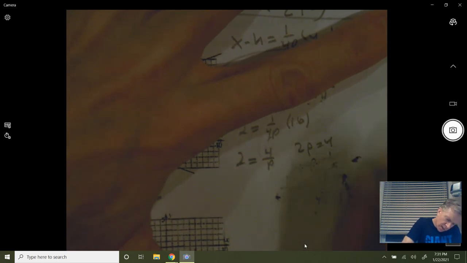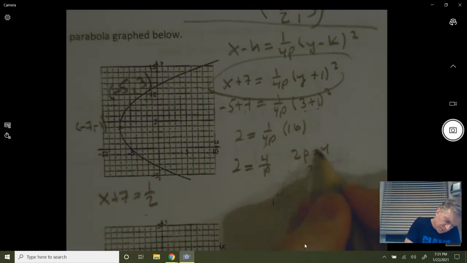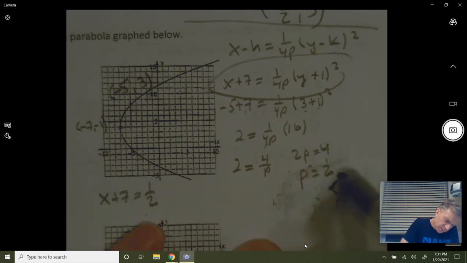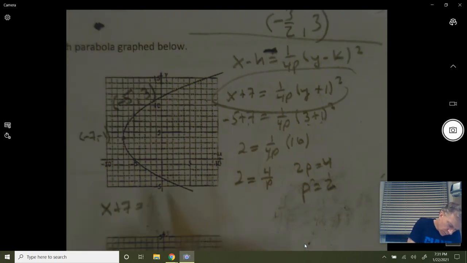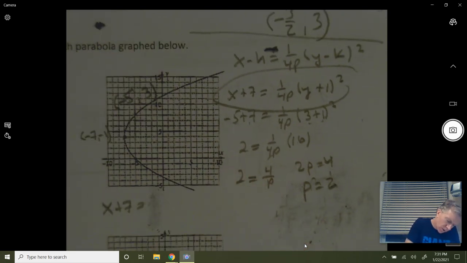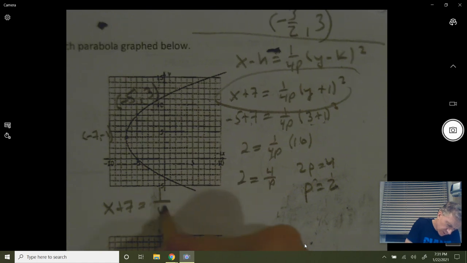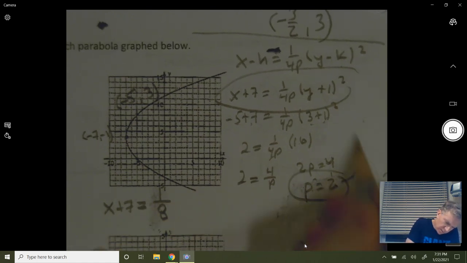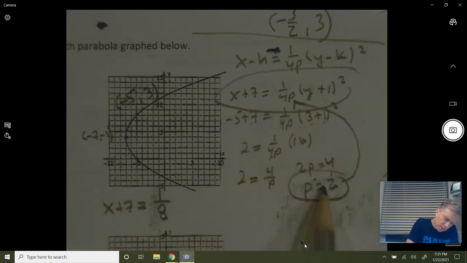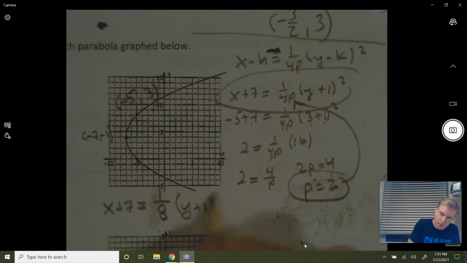P-value is not 1/2. 2p equals 4, our p-value is 2. So when we plug in a 2 into 1 over 4p, 1 over 4 times 2 gives me 1 over 8. I'm plugging in that p-value 2 in for p right there. 2 times 4 is 8, 1 over 8. I've got y plus 1 quantity squared.